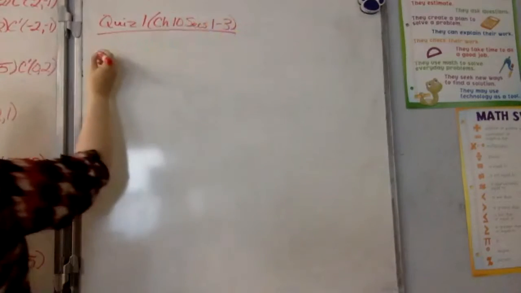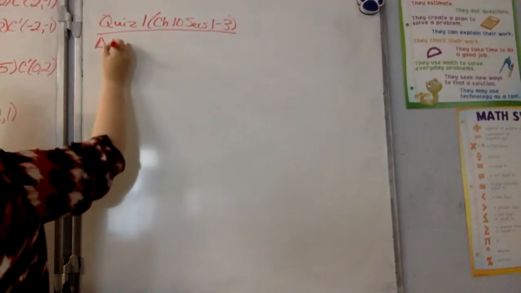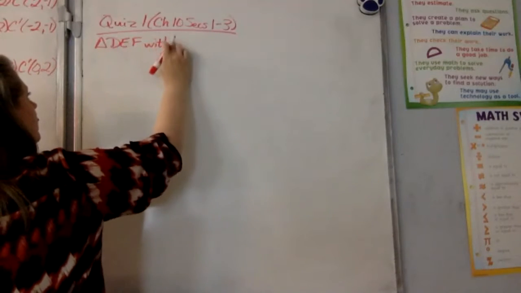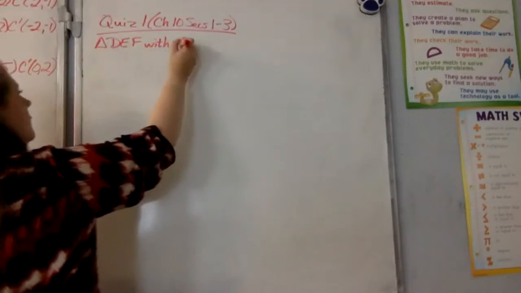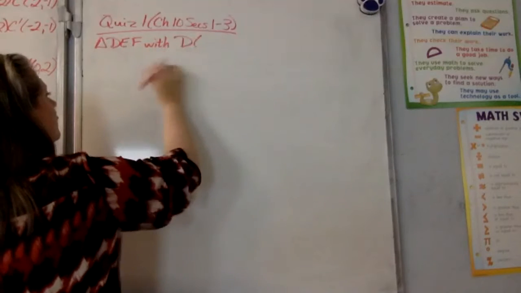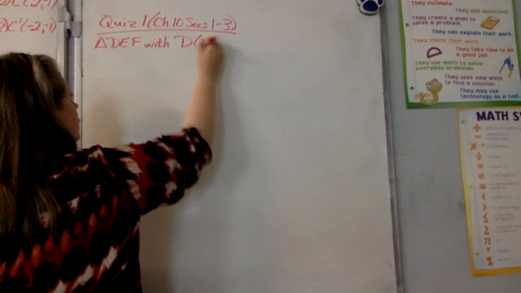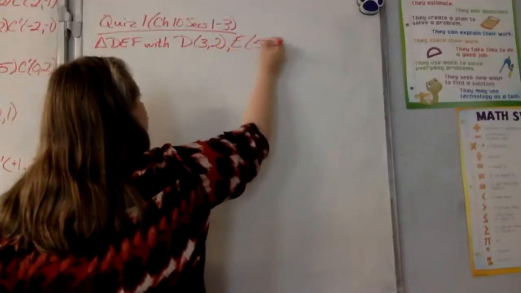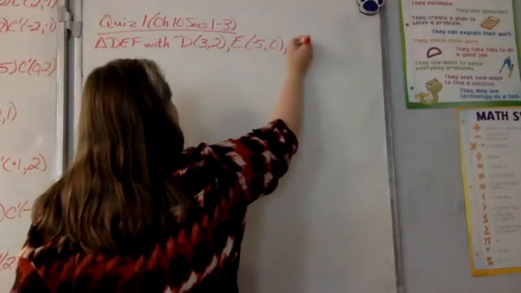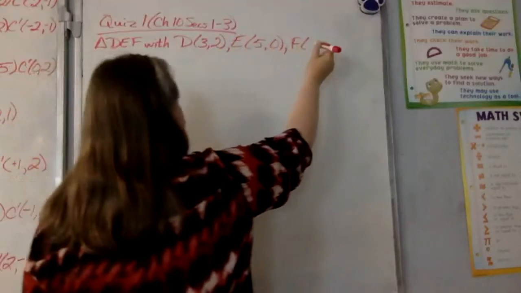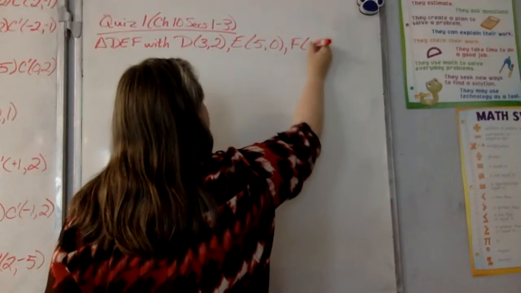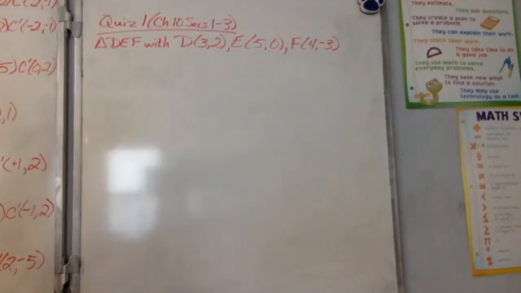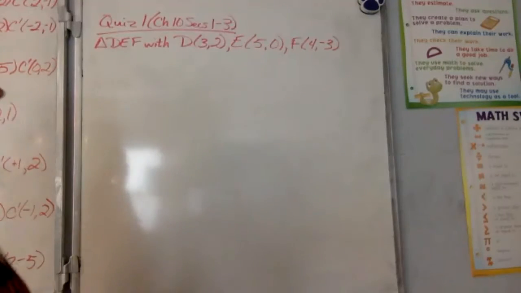Okay. You have triangle DEF with D, E at 0. So those are your points, okay?